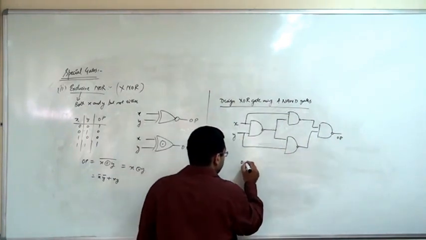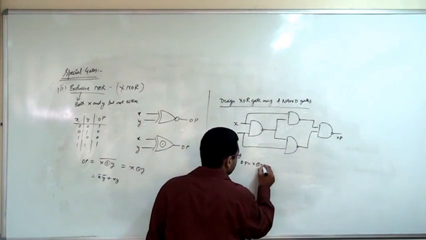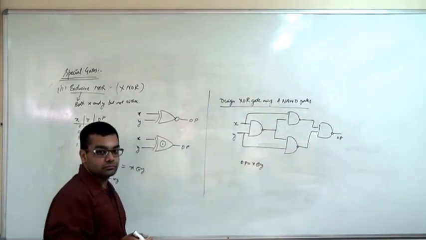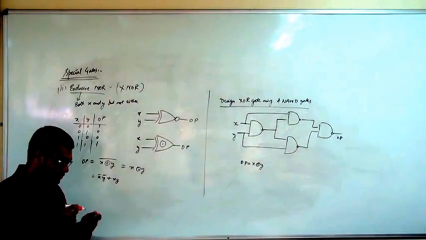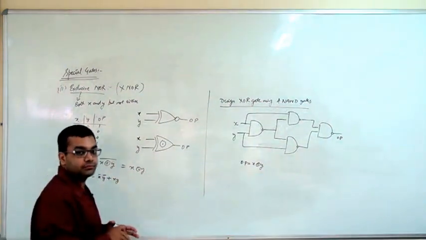Here the output will be X XOR Y. The proof we will study once we do the Boolean algebra.